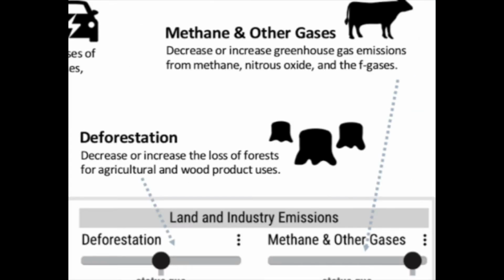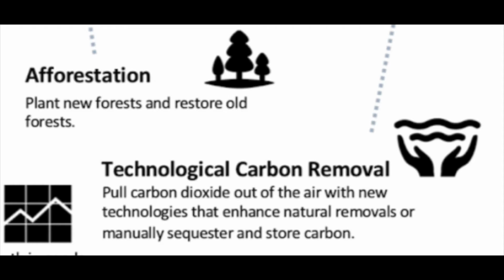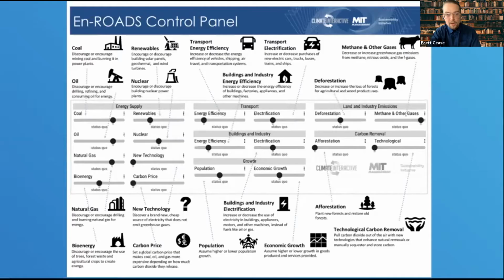And then lastly, on the far right, this sector explores land use, as well as carbon removal technologies, both ones that existed before the last century, like afforestation, as well as some new technologies that are in use for direct air capture and other things that Lisa can get into in just a little bit. So that's a very quick overview, but I just wanted to provide context for those that may not have seen the panel beforehand, what the levers are manipulating.